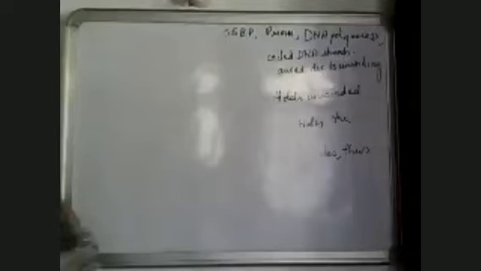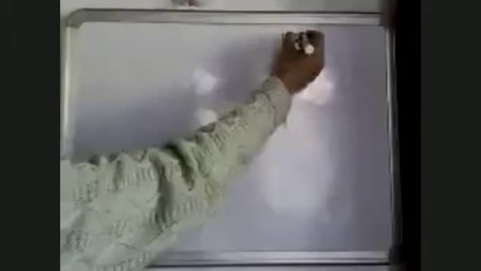So here, this is the replication fork. The first strand is, suppose, 5' to 3'. The next strand will be 3' to 5'. These are the two strands. In the first strand, the new strand formed is continuous.